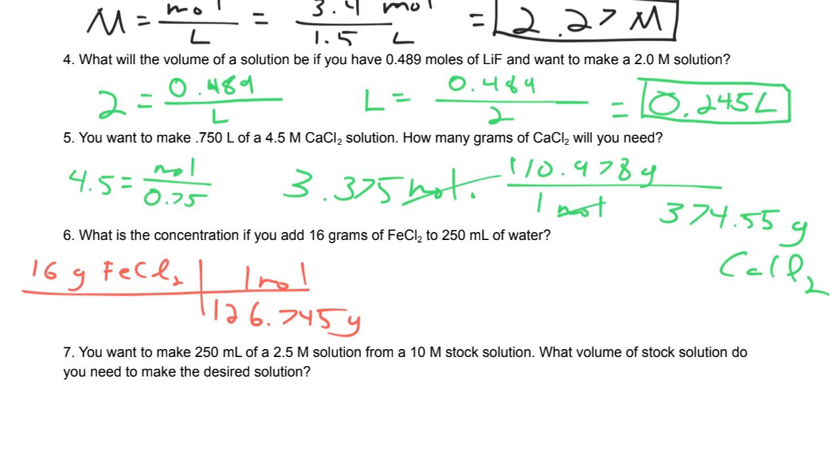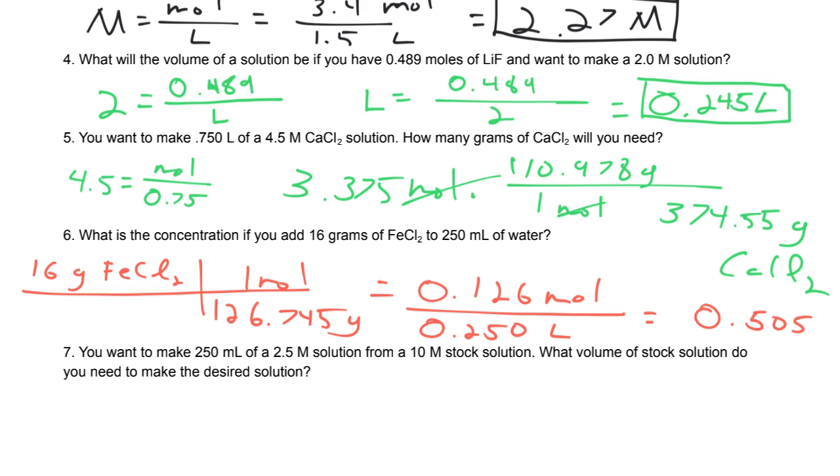And I get that I have about 0.126 moles of iron chloride. And now I can just divide that by how many liters I have. To turn it into liters, move the decimal place 3 times. And I get a molarity of about 0.505 molar.